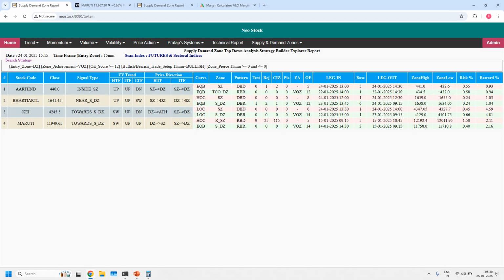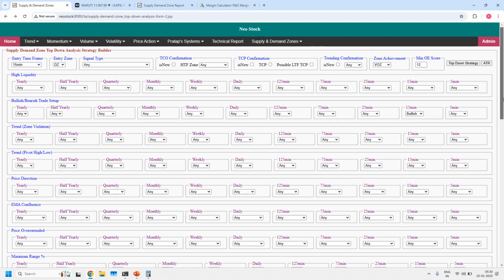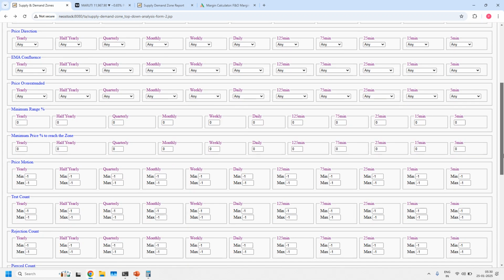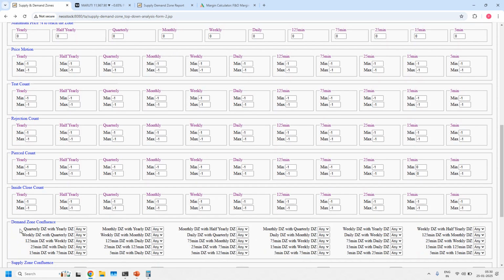We can further filter this list based on LTF and ITF demand zone confluence, that is, 15-minute and 75-minute demand zone confluence. So in the demand zone confluence, I am adding the filter: 15-minute demand zone having confluence with 75-minute demand zone.